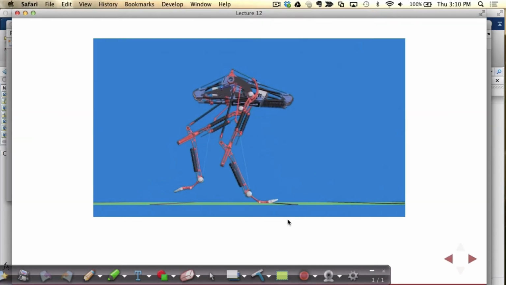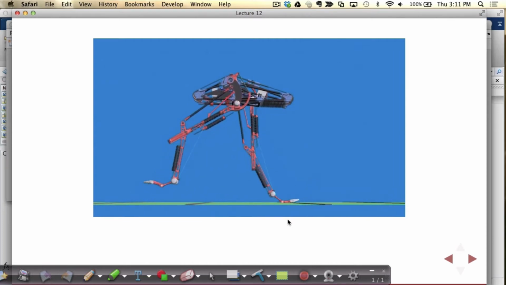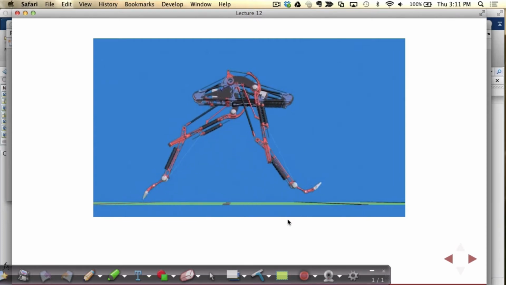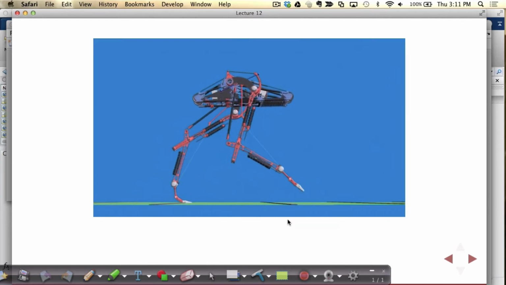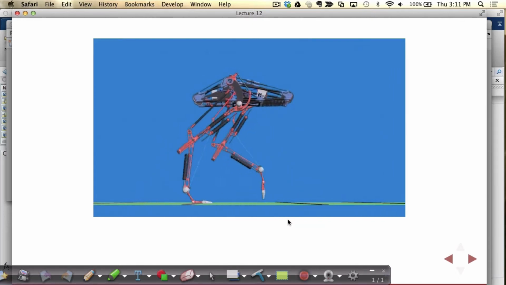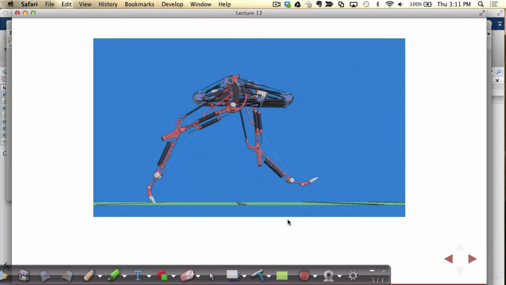All right, so there's a group in Florida. A good friend, Jerry Pratt, has been building lots of amazing robots, but this is the one that Michael and I were thinking about before. That's Fast Runner. He's building a robotic ostrich that's supposed to run 55 miles an hour. It's just awesome. That's their simulation.